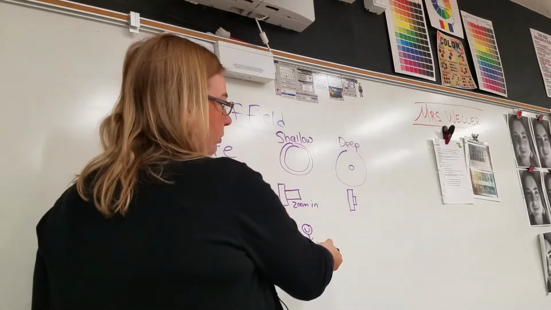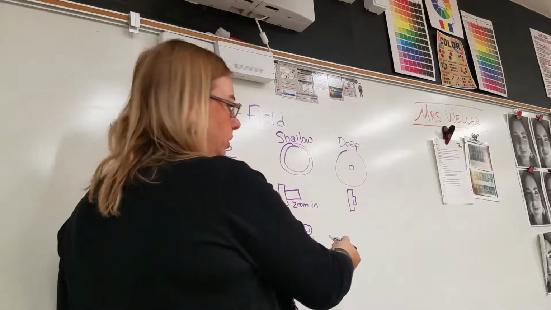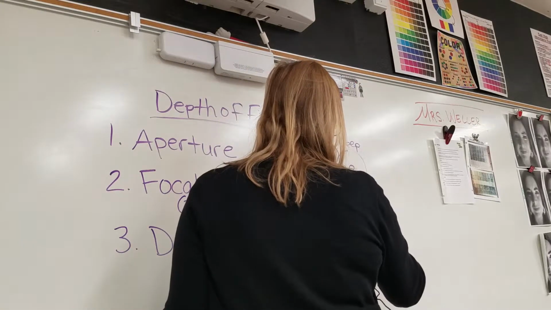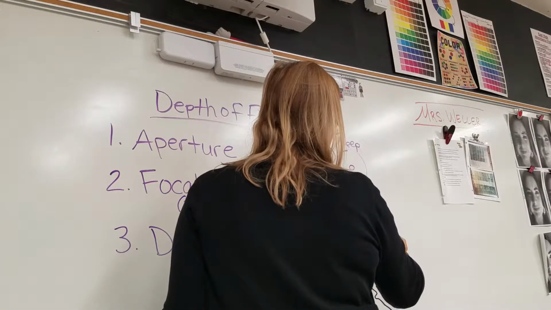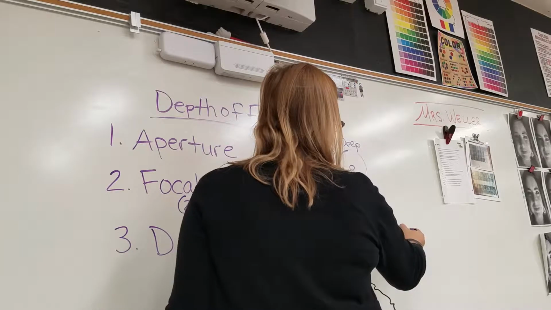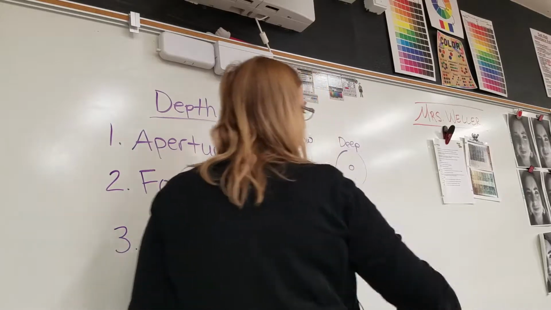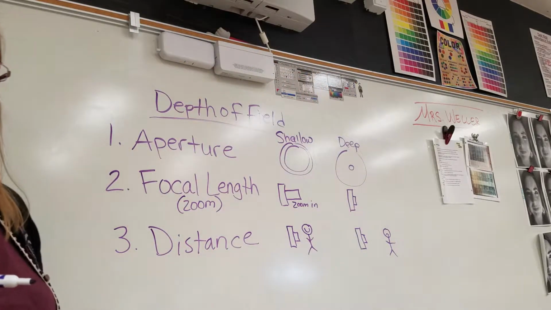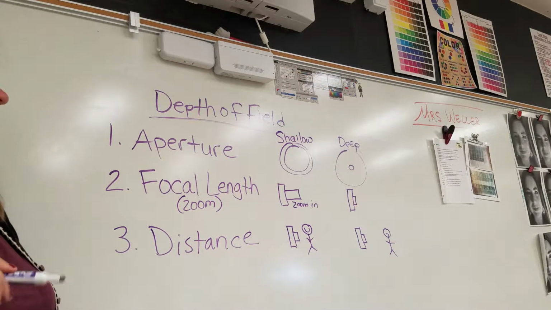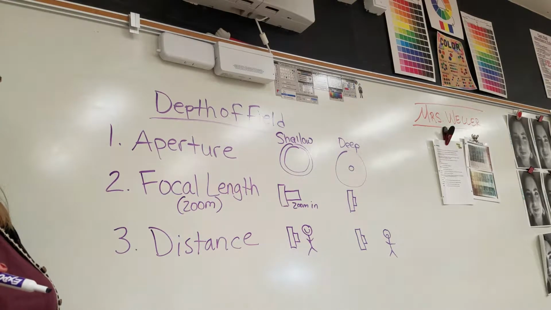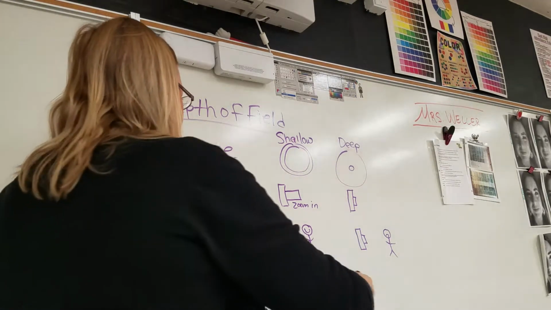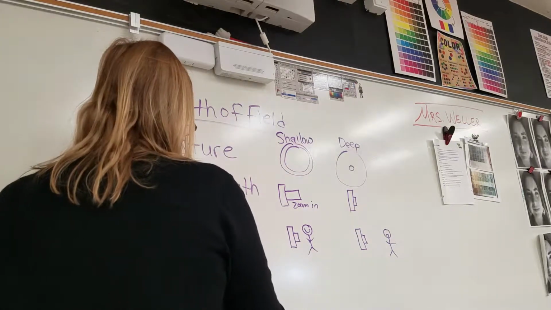I am close, correct, to my subject? So for my deep, I want my camera to be far from my subject. That make sense? He's sad, he's far away. Yes, so far? Okay.